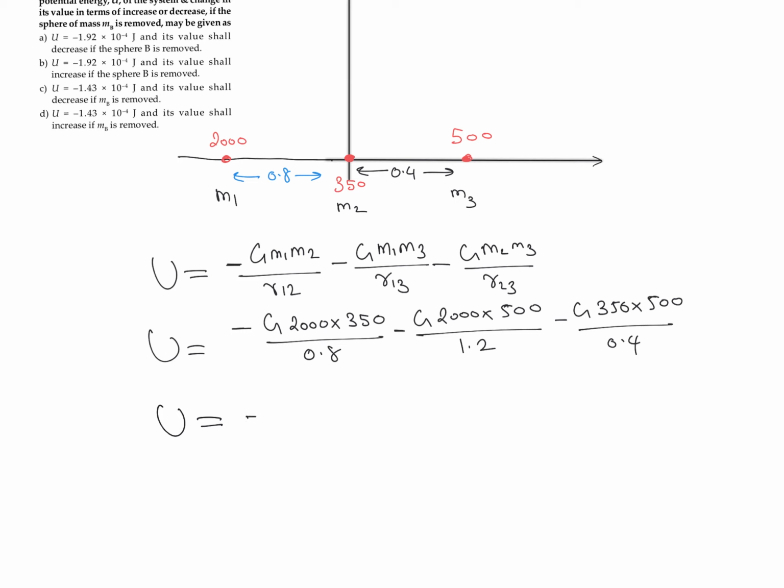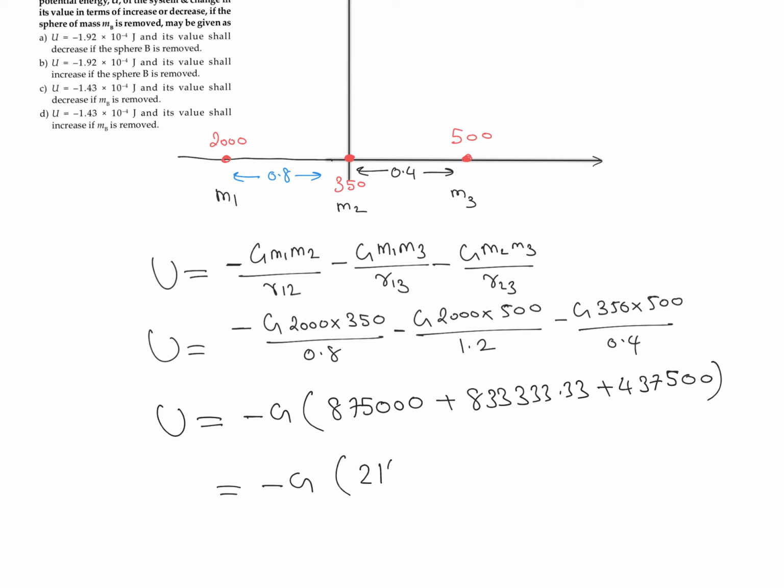So we can write it as minus G into the sum, which we get as around 875,000 plus 83333.33 plus 437,500. If you add all these things, we get the value as 2145833.33.